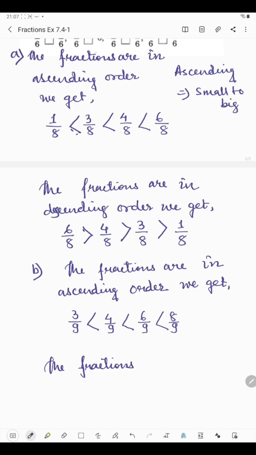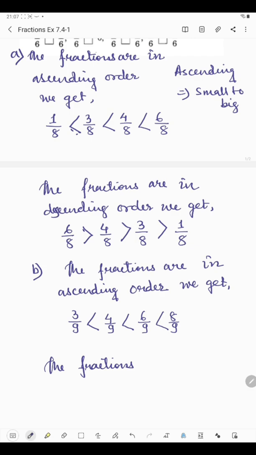We get 8 by 9 is biggest, so we will write at first 8 by 9. Now 8 by 9 is greater than 6 by 9. 6 by 9 is greater than 4 by 9. And 4 by 9 is greater than 3 by 9. Okay. So this way we will arrange the fractions in ascending order and descending order by giving the symbol of smaller than sign and greater than sign.